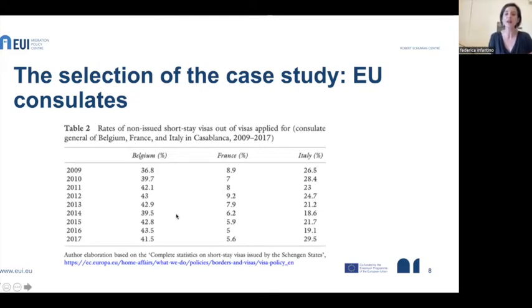These three cases are actually excellent cases because from the statistics we see quite a huge difference, with the highest refusal rate for Belgium, then Italy, and the lowest France. So all these are criteria that allow me to select this case.